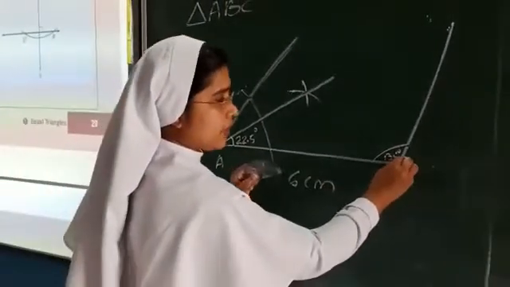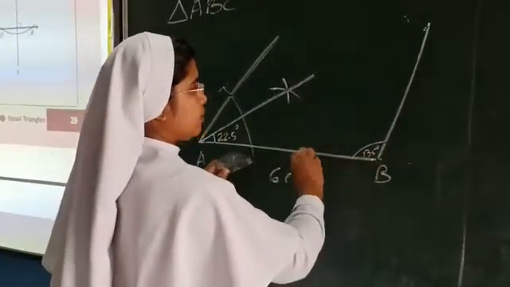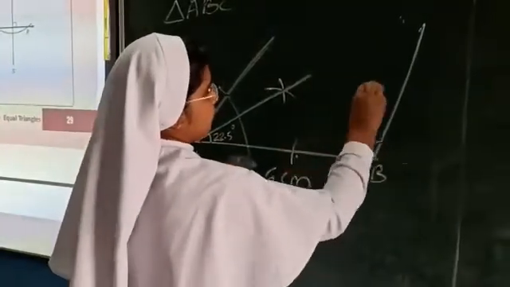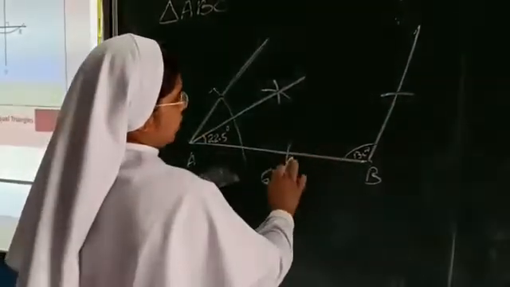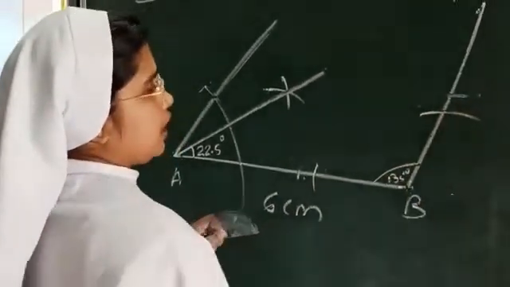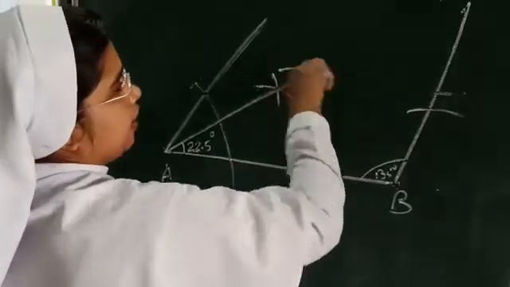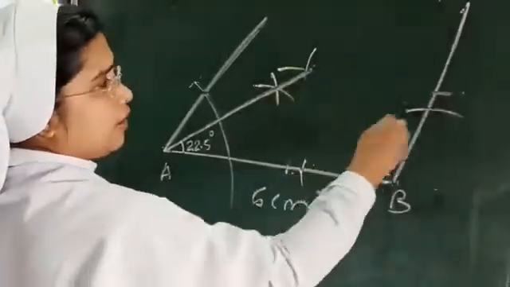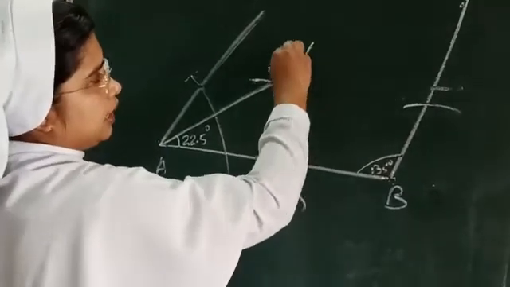Now from here, as we have done earlier, take any measurement on the compass and draw another arc here. Okay, so you have drawn. From here, this may not be so big, but should not be very small also. So you have drawn an arc here. From here, you are drawing another arc here, and from here another arc. So you will get a point here.